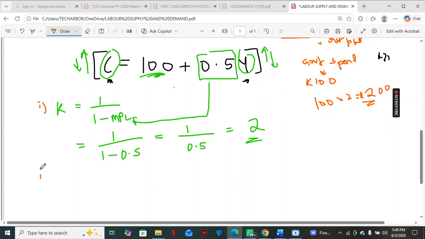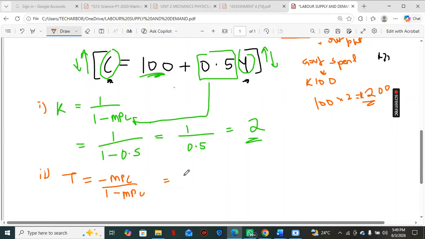Then the tax multiplier tells us, if government increases tax by a certain amount, how much spending is going to drop by. The tax multiplier is negative MPC over 1 minus MPC.